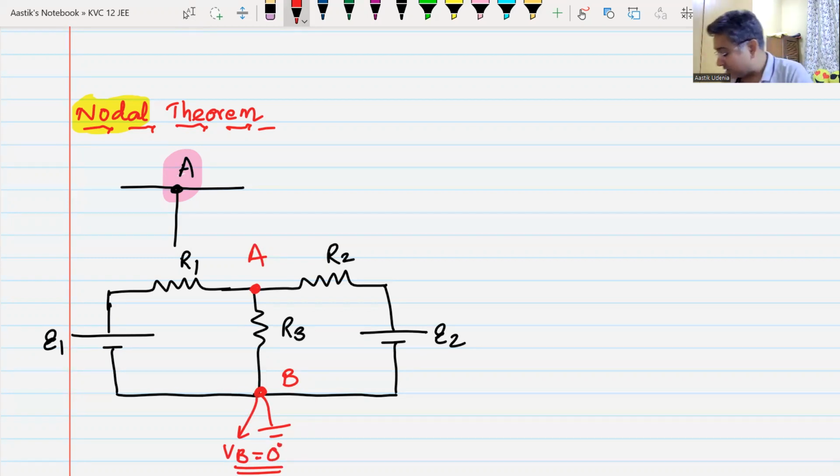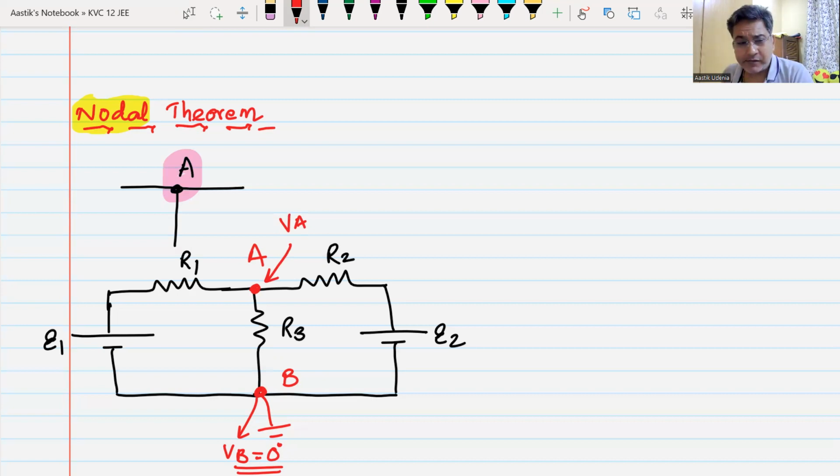Now, if I take the potential of point B as 0, I can call the potential of point A as VA. This is not actually VA, this is VA minus VB, because this potential is calculated with respect to point B. Point B has been taken as the 0 potential. So far, so good. Everyone understands this?